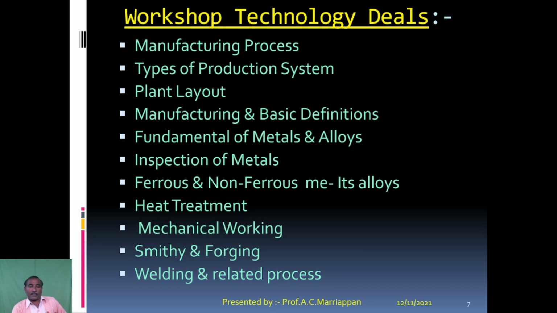As the name itself says, in a ferrous metal the ferrous composition plays the major role, and in a non-ferrous metal there is no ferrous content. So non-ferrous metals are purely non-magnetic materials.